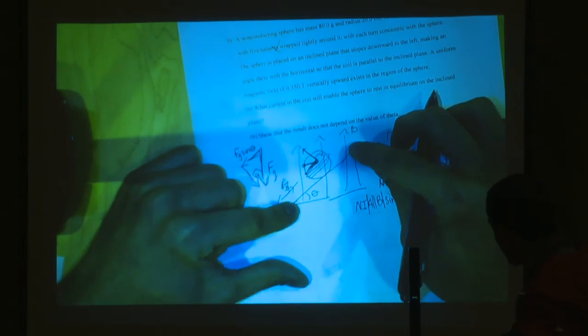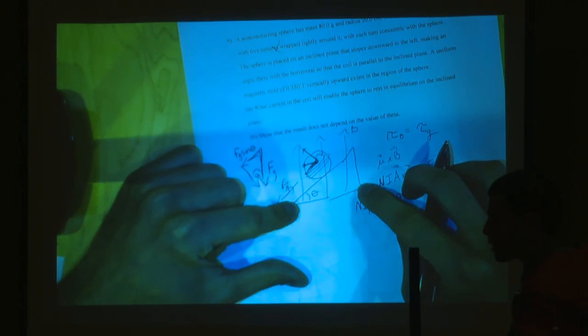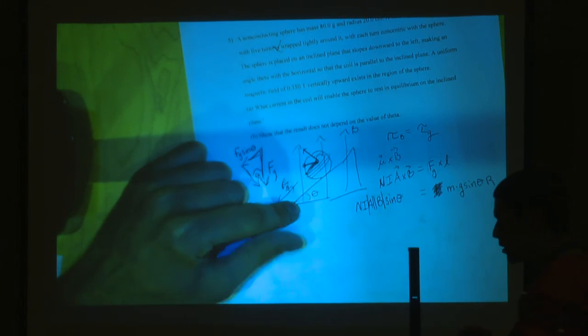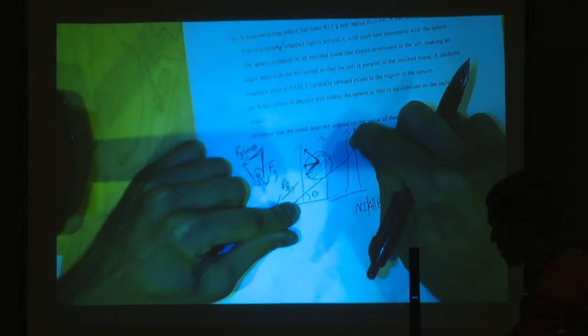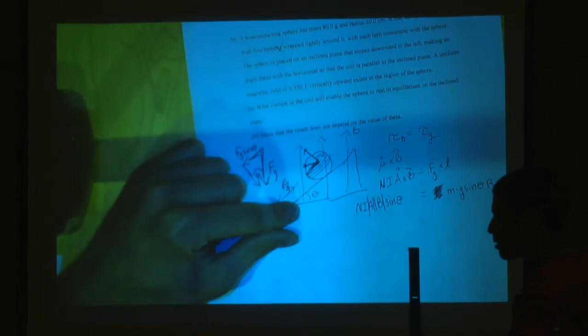And we know this theta is equal to that theta, because if we were to have no slope here, our area vector would be in line or parallel with our magnetic field vector. But as we increase this slope, this angle increases proportionally. And that's why they're the same. Does everyone see that?